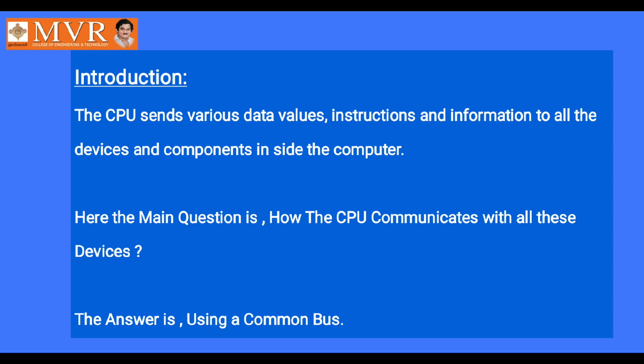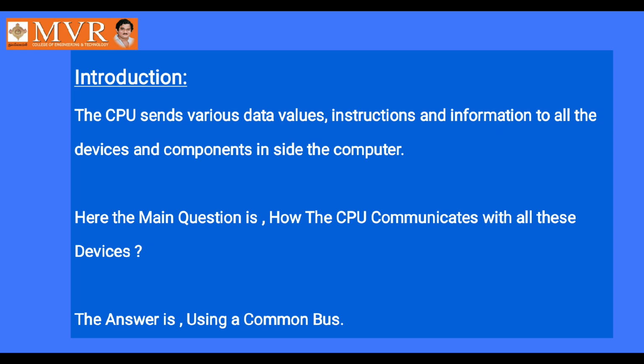When we discussed the working nature of the control unit, in a single statement I can tell you, the control unit is the major device in the CPU that controls all the components of the computer.